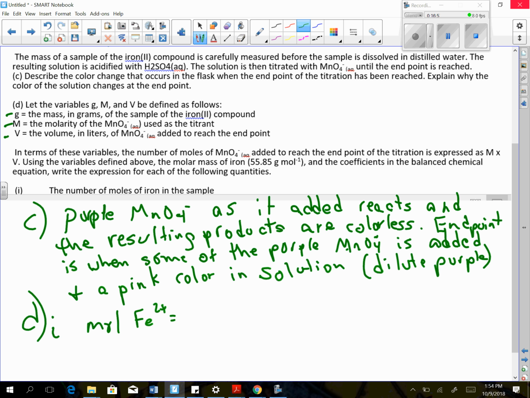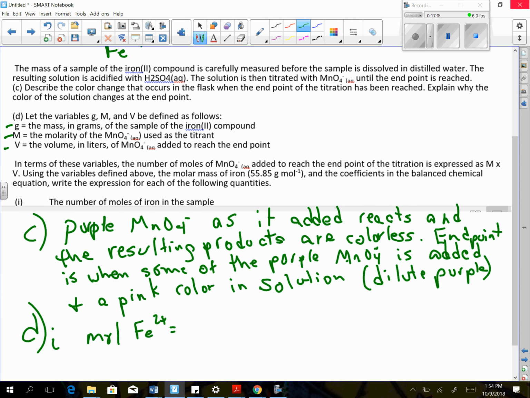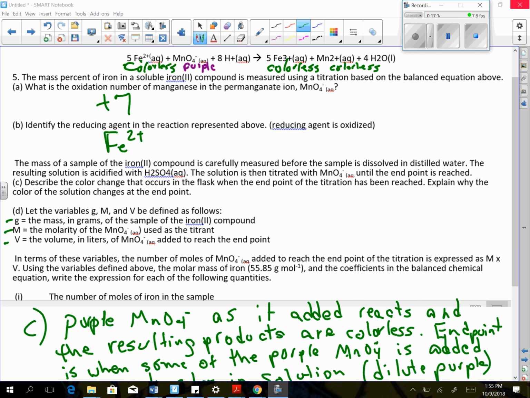We'd use the variables. Make the t-chart the starting point. Okay. So let's go back up and look at what we know. We know the mass. Okay. So our answer is going to be in terms of these three variables. If we look at the grams, if we want to know the moles, and we want to start with G, what would we need to know to use that? The molar mass.